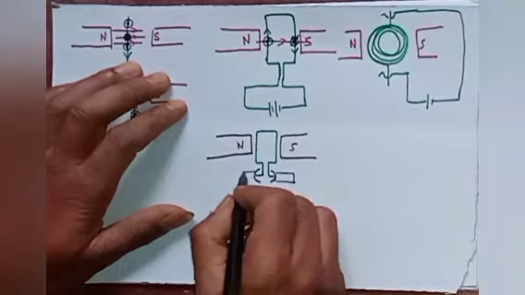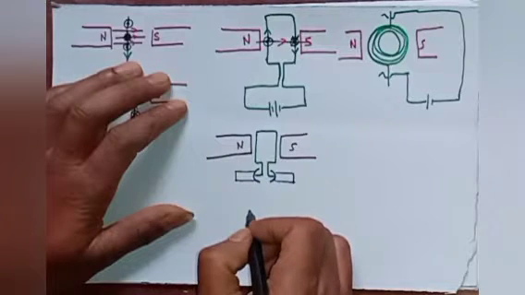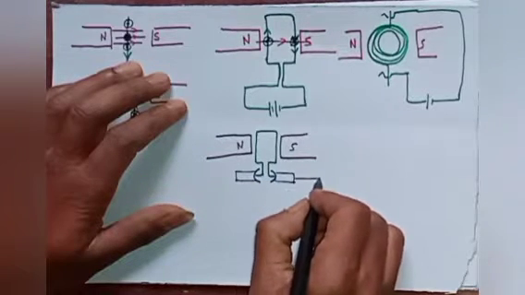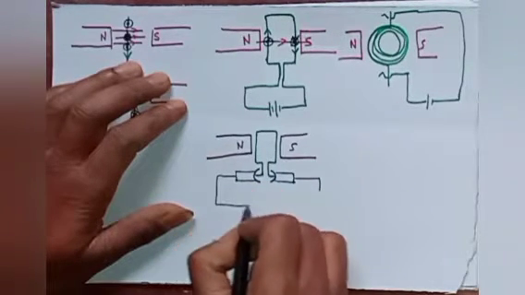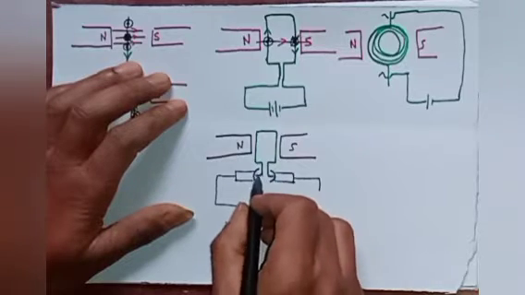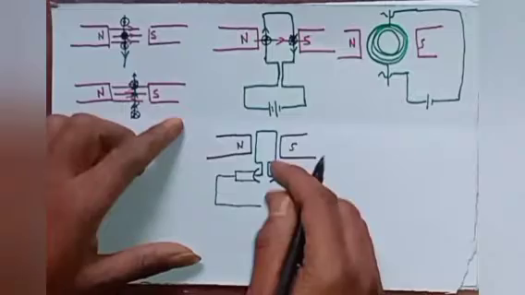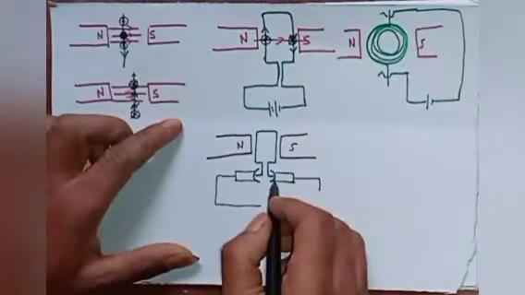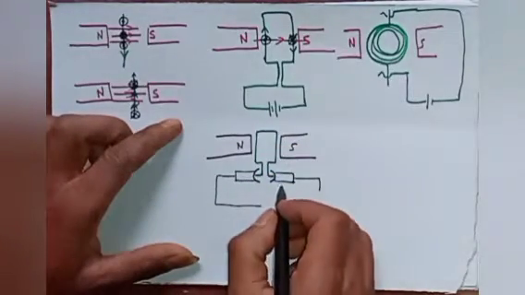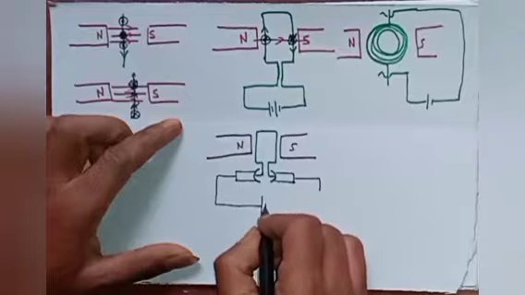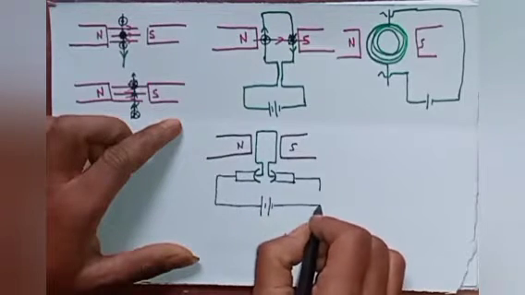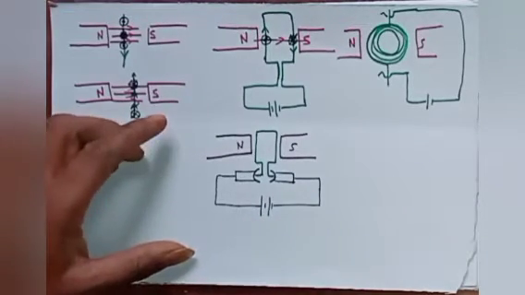graphite connectors, and why graphite connectors? Because when these metallic semicircular connectors will rotate, they will slide over these graphite connectors, and this is how it is going to work.